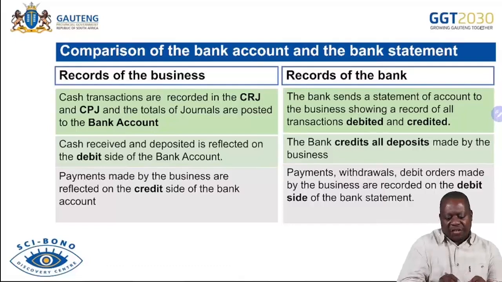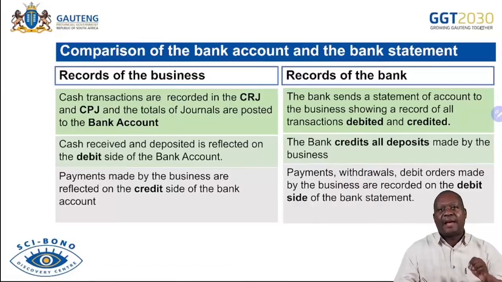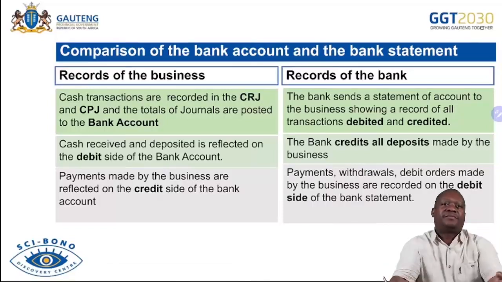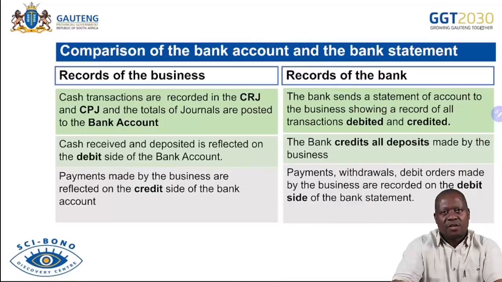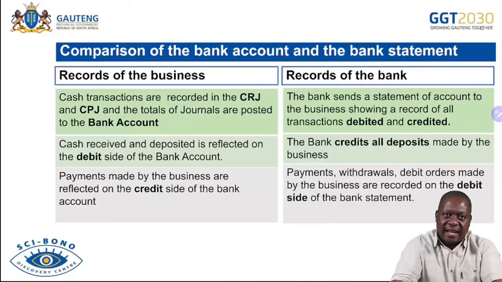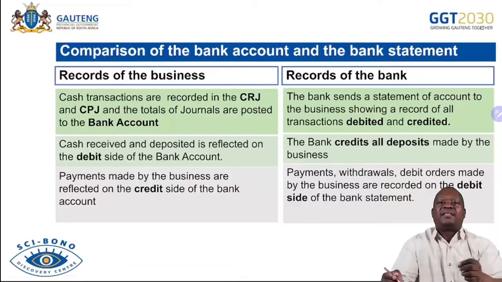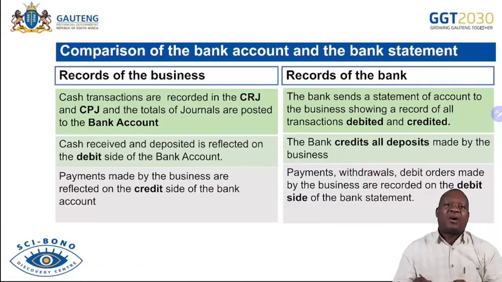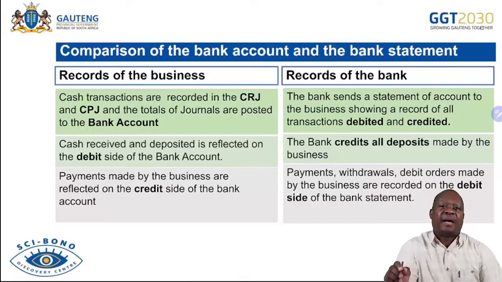Reconciliation is the answer. Now, let's check also on the records of the business. They're saying cash received and deposited is reflected on the debit side of the bank account. So cash received and deposited is cash recorded in the CRJ. So the CRJ total is taken to the bank account and it occupies the debit side of the bank account.